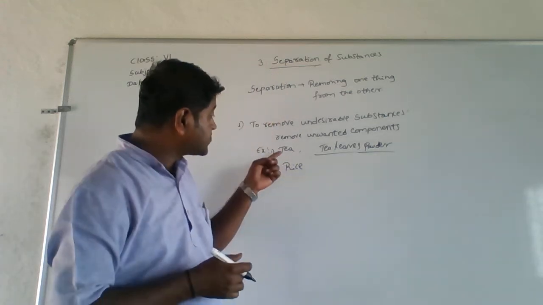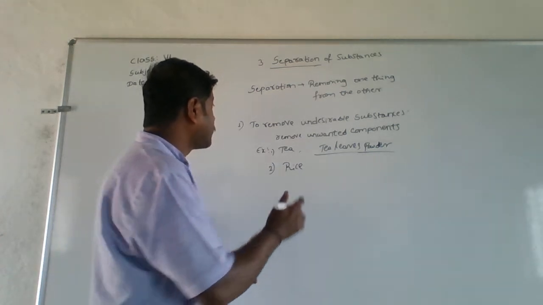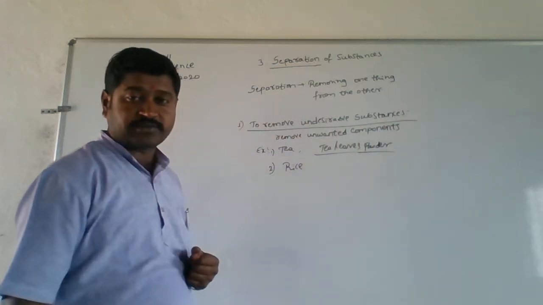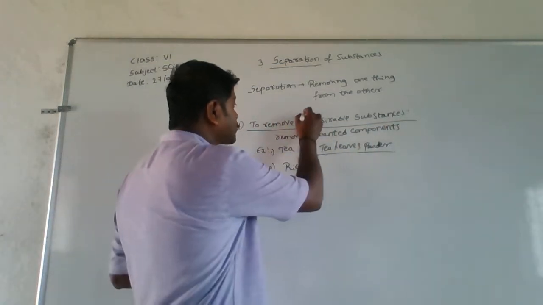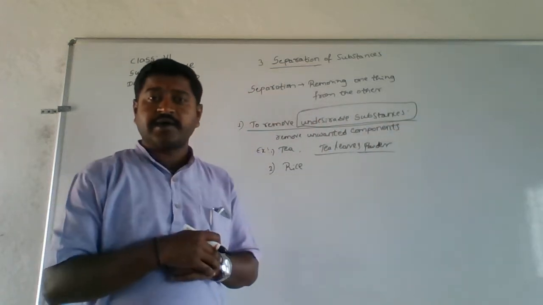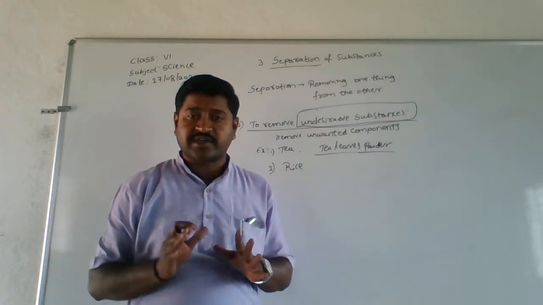So these are the two examples where you can understand why we have to remove undesirable substances, or you might have understood what these undesirable substances are. Undesirable substance means unwanted components for us.